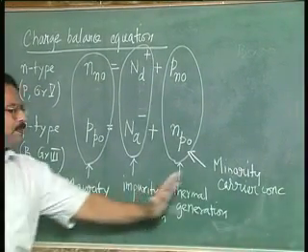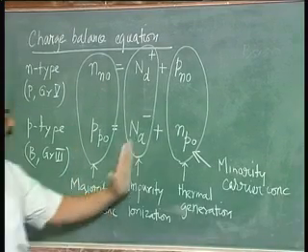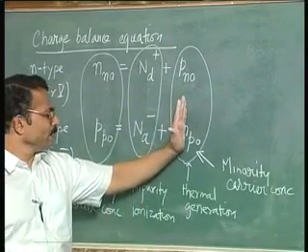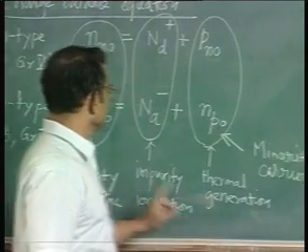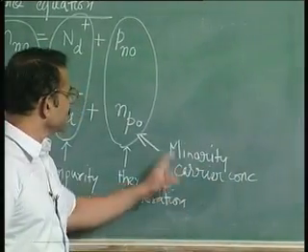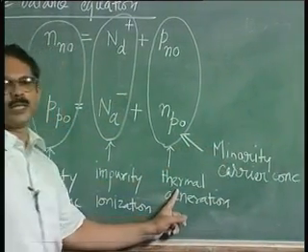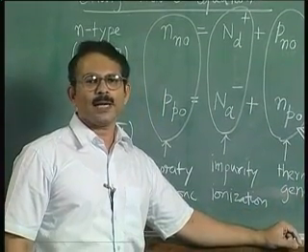So this is another way of interpreting the charge balance equation. The majority carrier concentration is provided by impurity ionization process and thermal generation process. On the other hand, this equation also shows, which is something very important, the minority carriers are provided only by thermal generation process, because only this process results in electron hole pair generation.